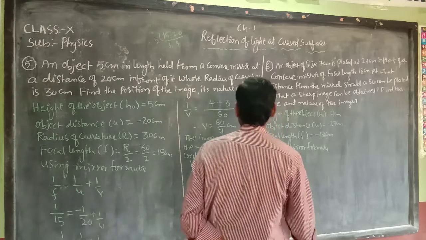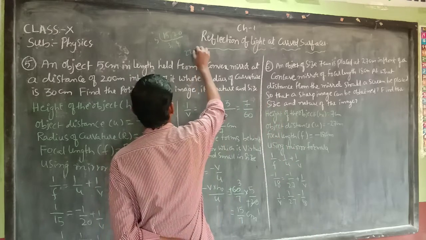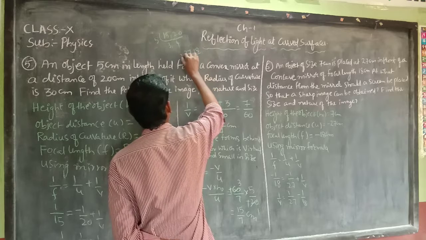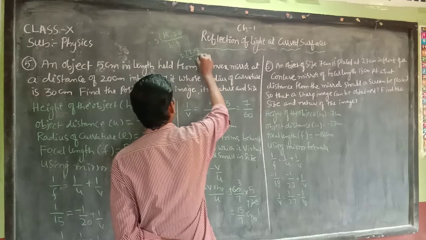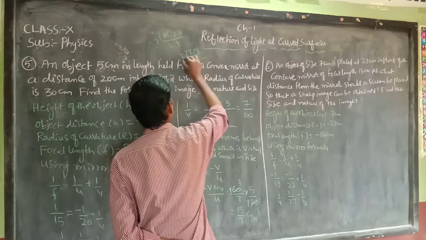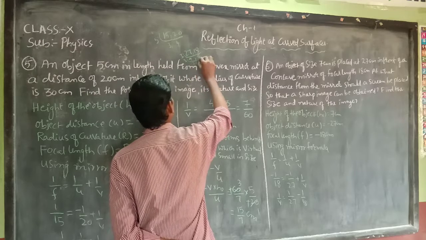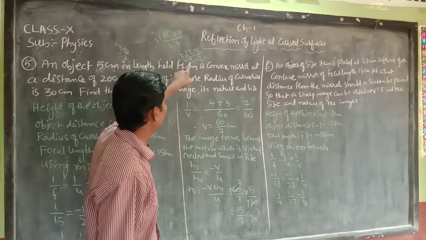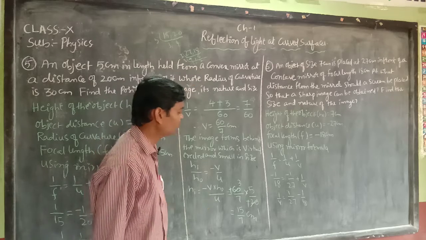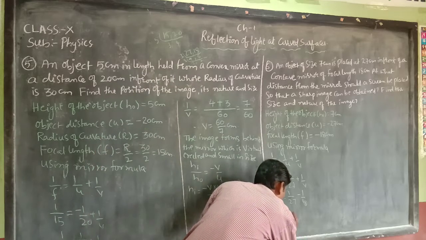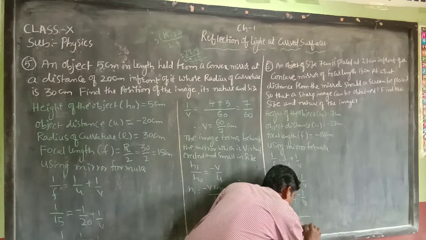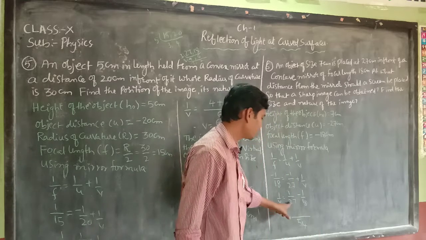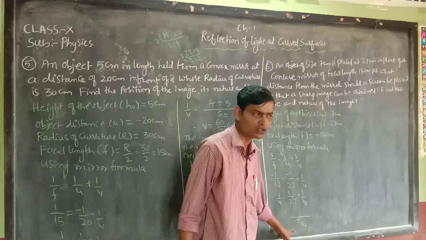Here, what is the LCM of 27 and 18? 27 and 18 in 3 tables. 3 9s are 27, 3 6s are 18. Again 3 tables. 3 3s are 9, 3 2s are 6. Then what is the LCM here? 3 3s are 9, 9 3s are 27, 27 2s are 54. The LCM is 54. In the 27 table, how many times does 54 go? 2 times.